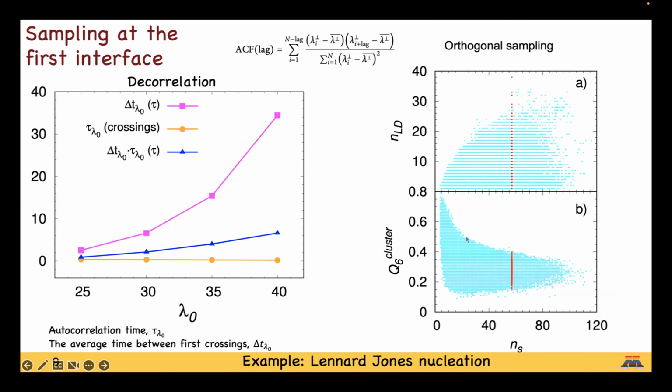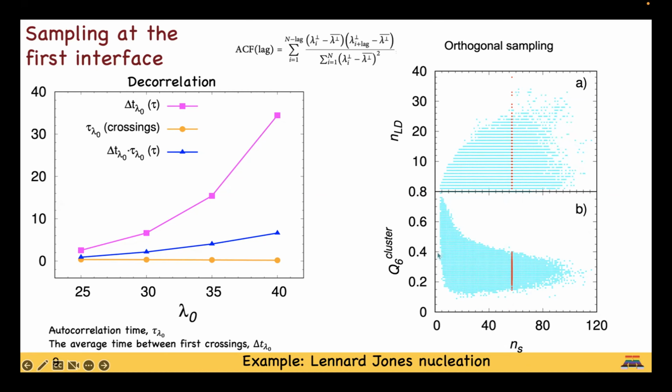And these blue points here are independent simulations where we've done a lot of basin sampling, and we have looked at what the spread of these two parameters is. And now by these red points, which are the configurations we get at the first interface, we are overlaying on that independent simulation and seeing if our spread is good enough, or does it match well with that independent one. And because it does, we feel confident about that sampling of the first interface.